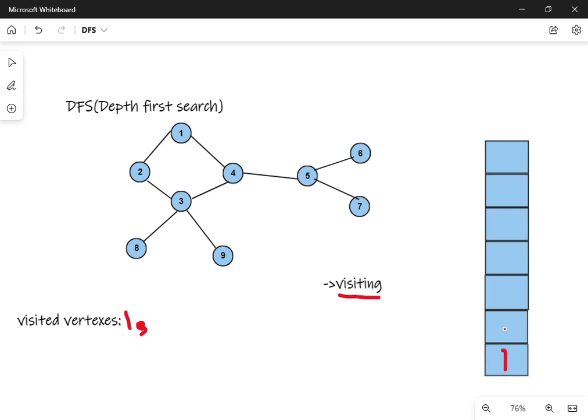Now we go toward the exploration phenomena, which is we have to move towards the adjacent vertex of our selected vertex. The adjacent vertices of 1 are 2 and 4. I am choosing 2. Here also putting 2 into the stack. This is a stack.